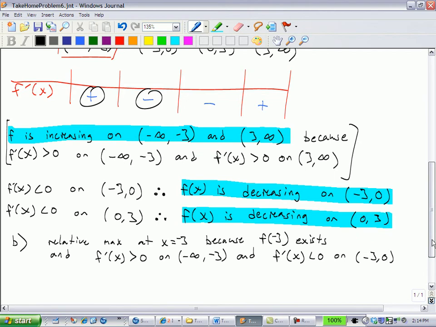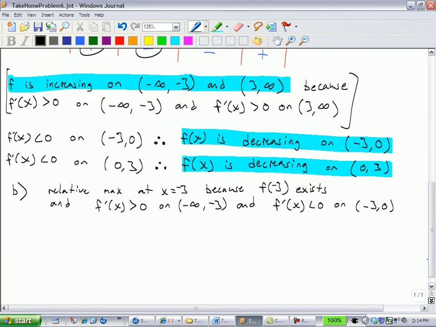The part that students will leave off is making sure to say your function exists here.